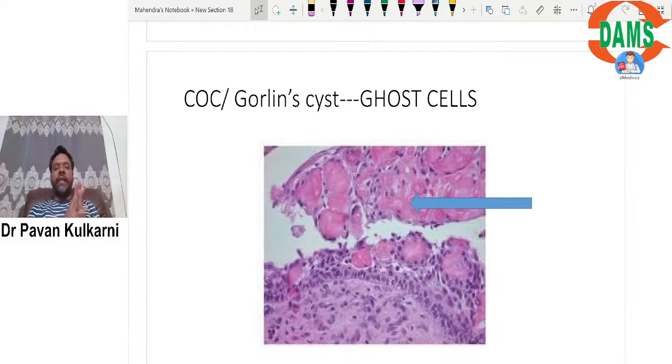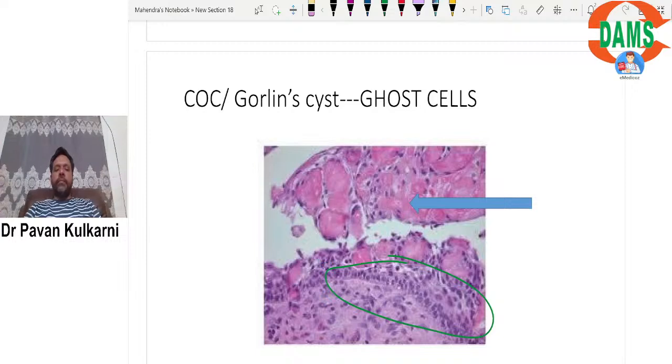Now this is another image of COC or Gorlin cyst, which will show the presence of ghost cells. Whatever is highlighted by the arrow mark, those are ghost cells. Remember, ghost cells are seen in COC, the calcifying odontogenic cyst. Here you can see the epithelium, and within this lining epithelium we are going to see the ghost cells.